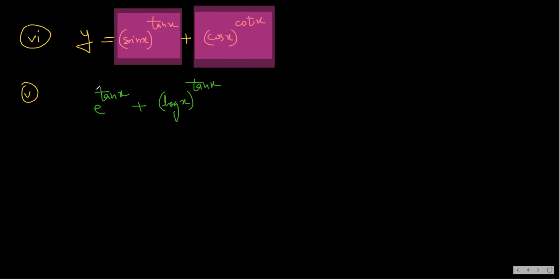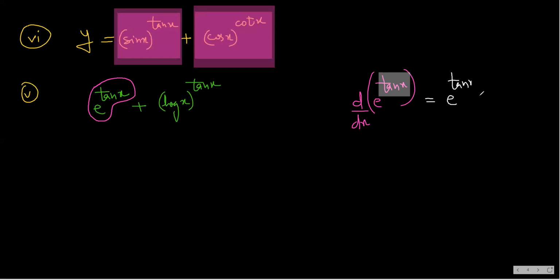You might think that this function, e raised to tan x, can be differentiated directly. See, if I write d by dx of e raised to tan x, I have a result for this. Because this is e raised to f of x, its derivative is e raised to f of x into the derivative of f of x, which is the derivative of tan x, so sec square x.